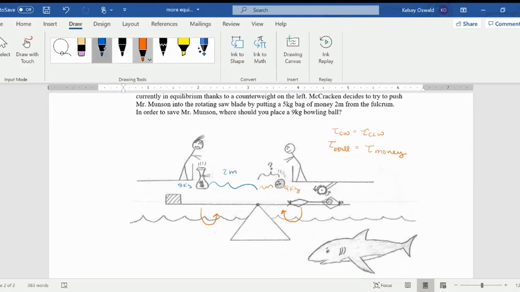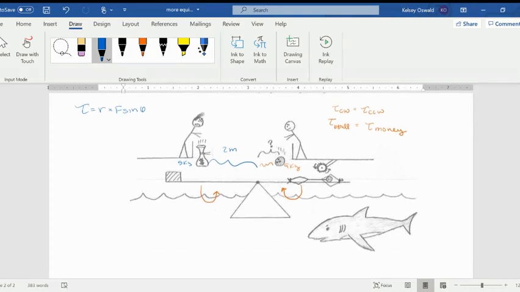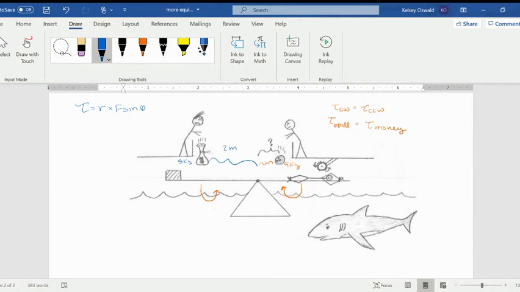Okay? Remember, when we do our equation for torque, we're going to do our radius times our force times sine theta, where the radius is the distance to the fulcrum that the force is being applied. Okay, so if we look at our bowling ball, we don't know the radius. We don't know how far from that fulcrum we're dropping the bowling ball.